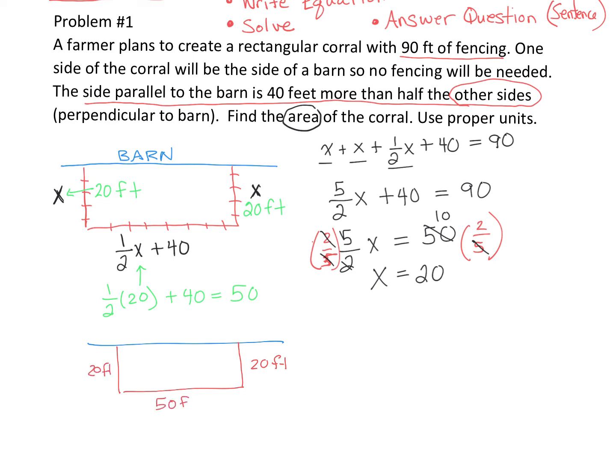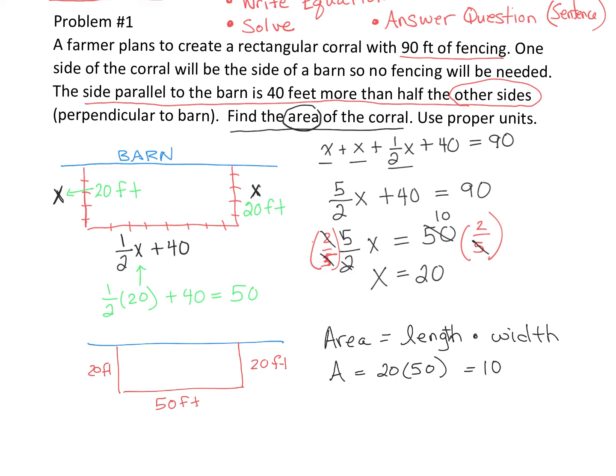And 50 feet. So now we're ready to answer the question, and the question is find the area of the corral. So area is length times width, and in this case 20 times 50, which will be 1,000, and the units should be square feet.